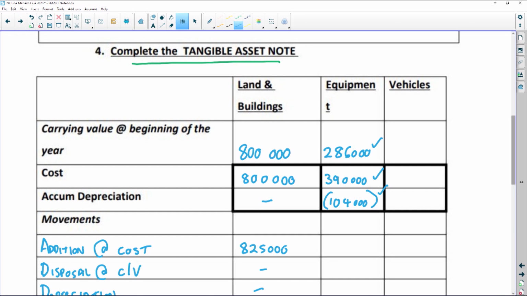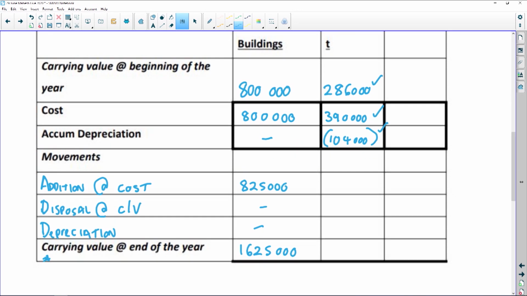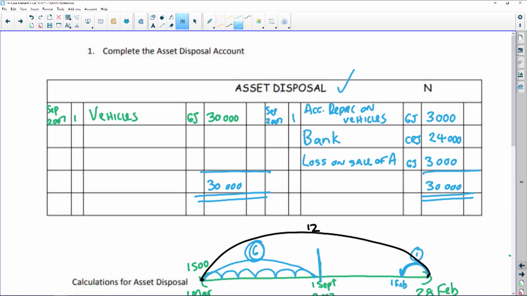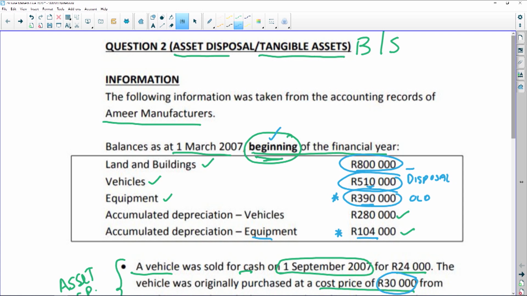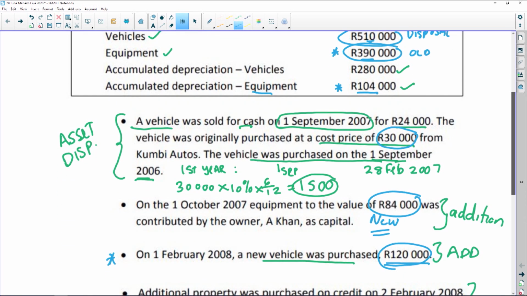Please remember that. As I said earlier, I've done most of the calculations already, so it's simply now slotting in figures. Additions at cost: remember, the owner contributed additional equipment, and the cost of the additional equipment that he contributed was an amount of 84,000.